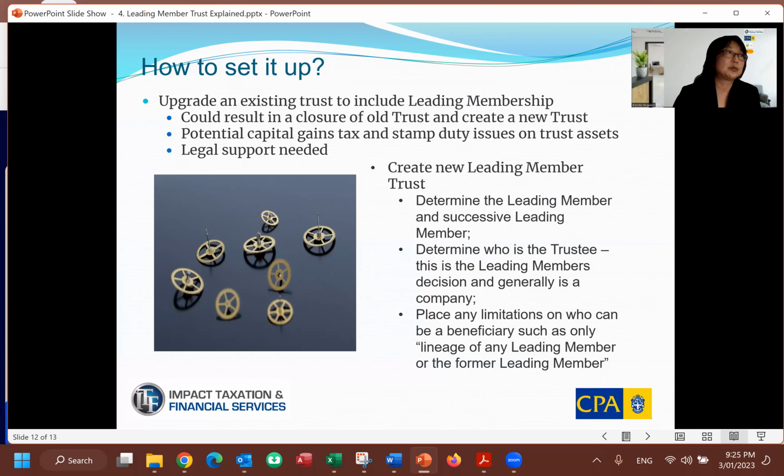So we need to be very careful before the change. We need to seek legal support if it's really complicated, and we need to have a look at your original trust deed as well.